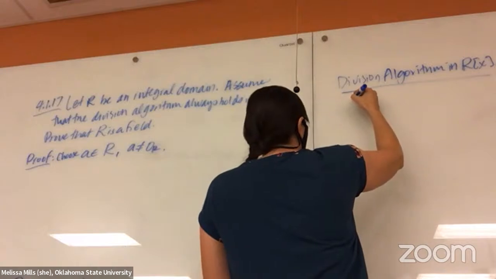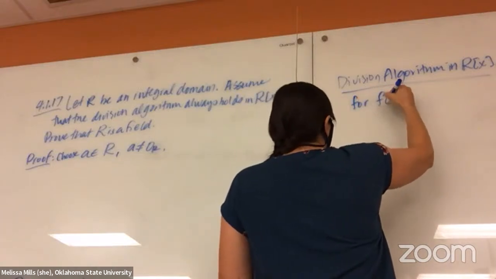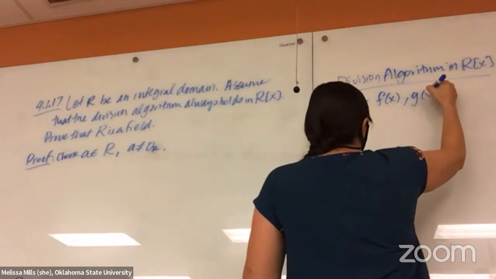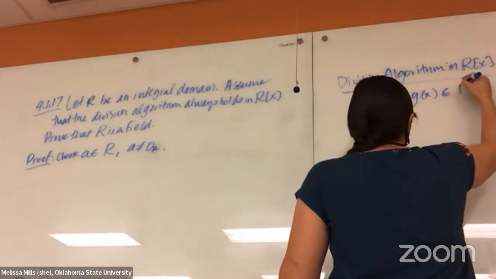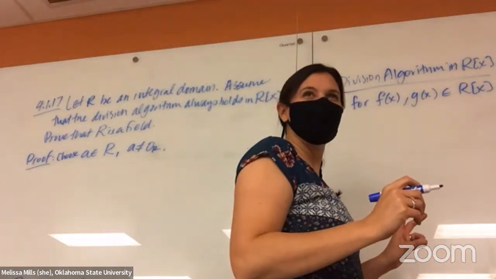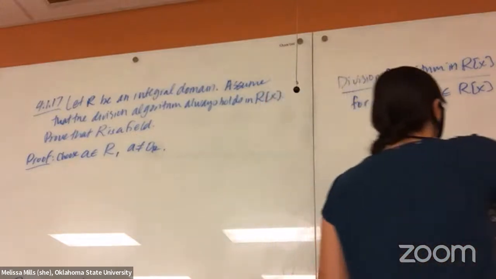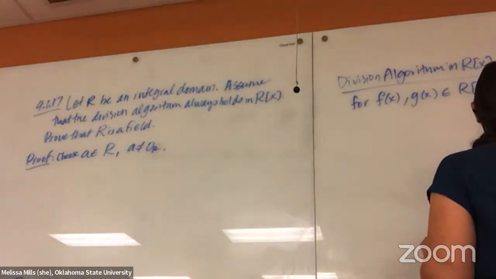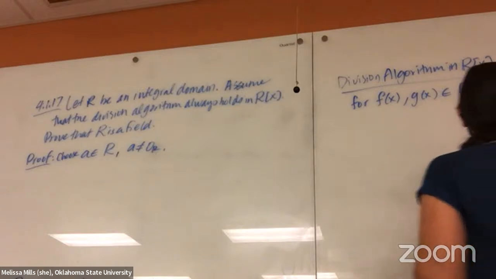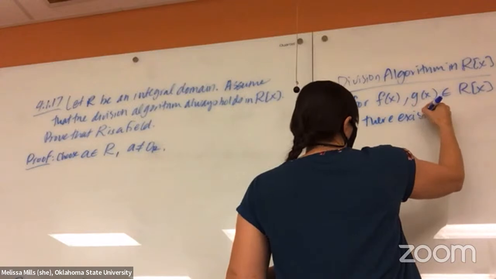So for f(x), g(x) in R[x], and maybe we need to say that g is non-zero, because if g were zero, I can't divide by it, right? There exists, what do we want?